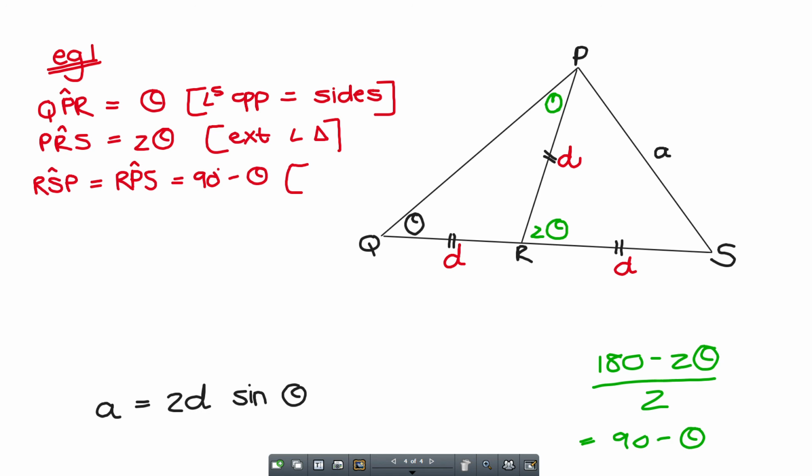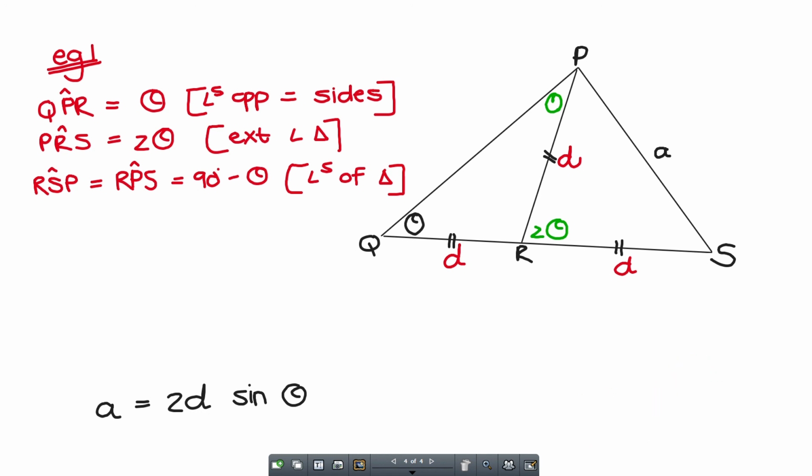But angles of a triangle. Right, can I delete the green here? Kan ek maar hier uitvee? Okay. Ek wou net gehad dat julle moet sien hoe ek daarby uitkom.